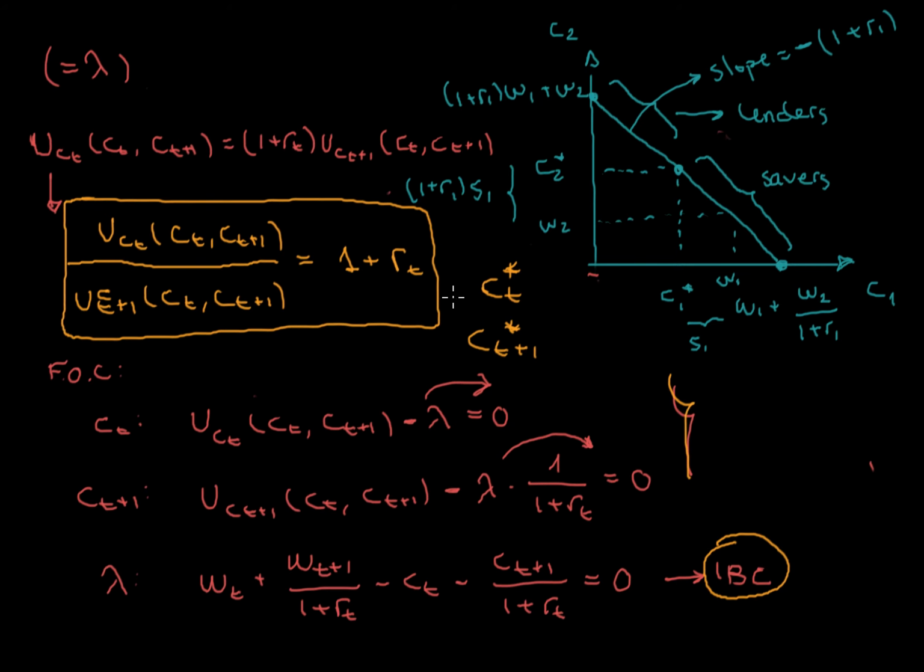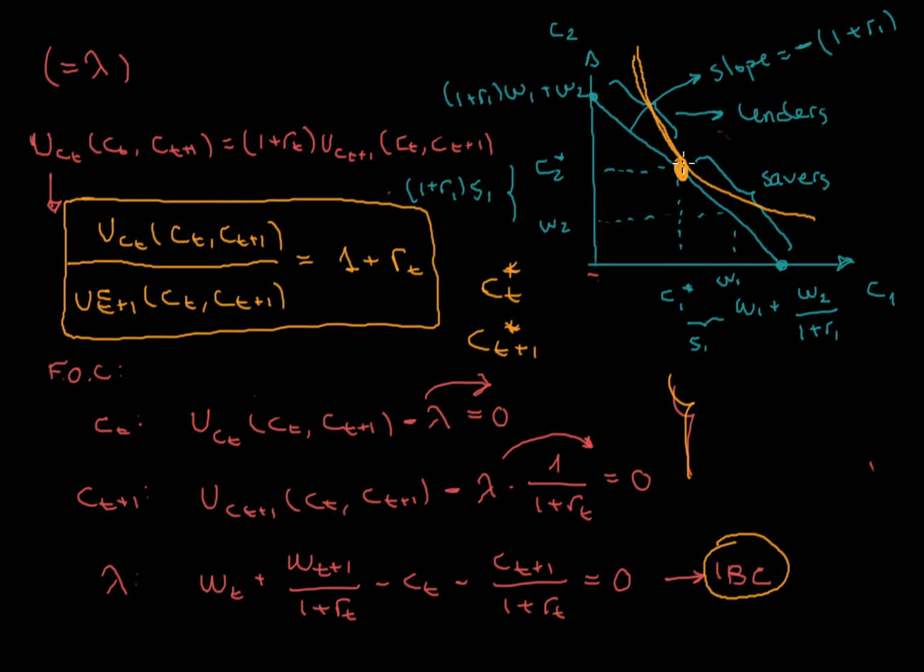The consumption for the first period and consumption for the second period, the optimal ones. That's the important thing here. And what I also want to explain in this graph is that if we take the indifference curve, something like that, let's say that here is the tangent point.